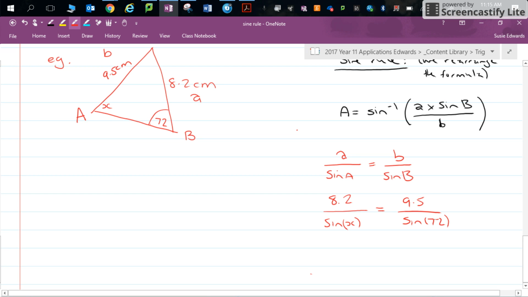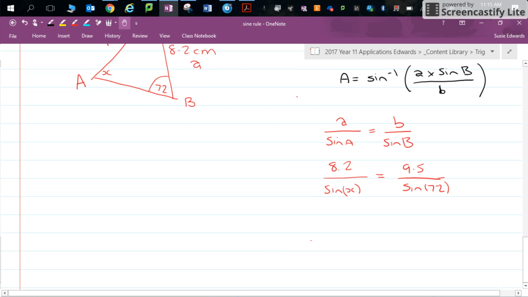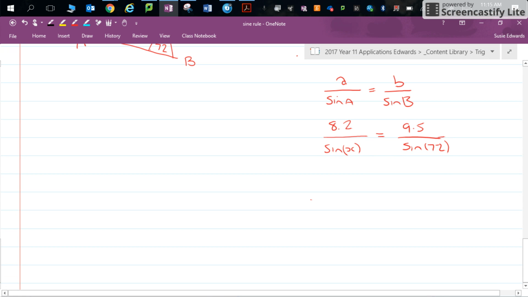Now, if you put that into your calculator under solve, it's not going to come up with the correct answer. So we need to be able to rearrange it.